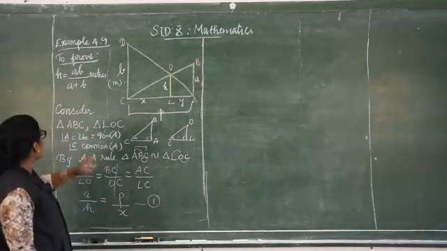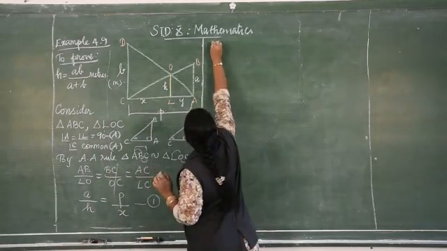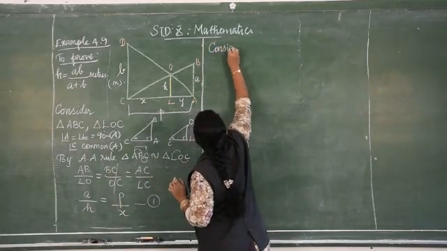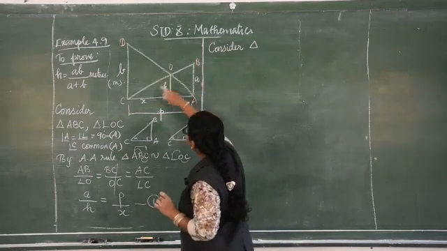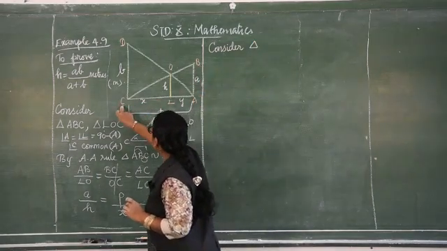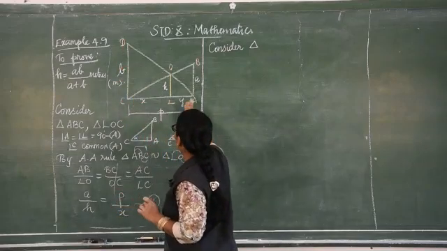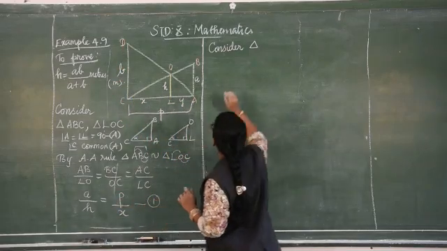Now go for your second condition. We are considering the triangle now. So ABC we considered. Now consider C, D, A and L, O, A, this pattern.